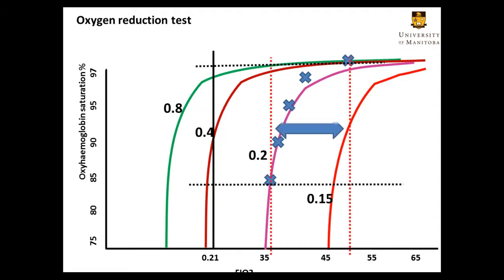So a small change in the inhaled oxygen fraction can lead to a significant change in oxygen saturation. This is typical in ventilation perfusion mismatch.